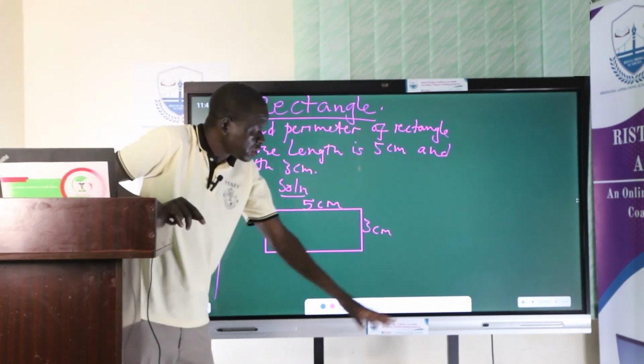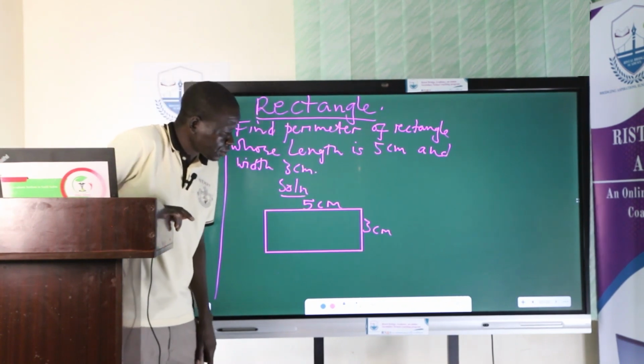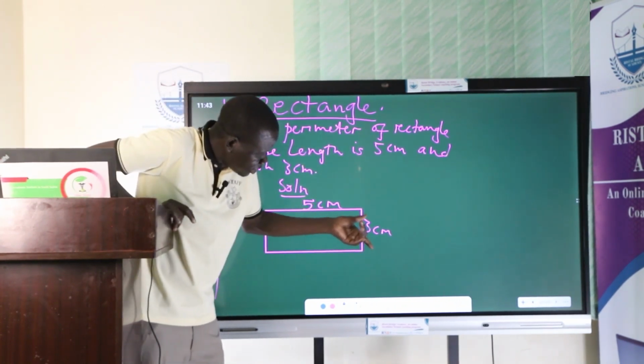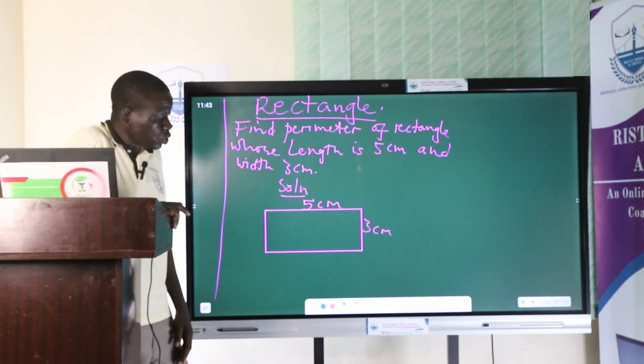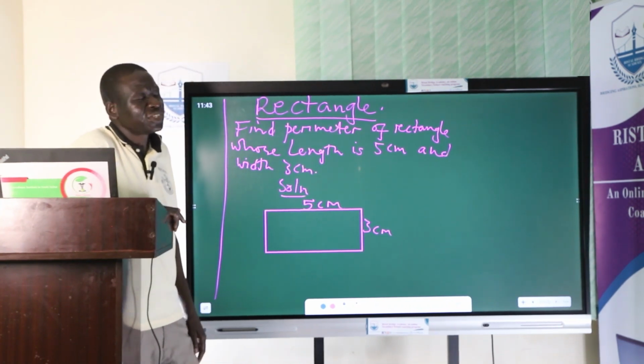So remember, perimeter of a rectangle is equal to side plus side plus side plus side, or 2 into length plus width.